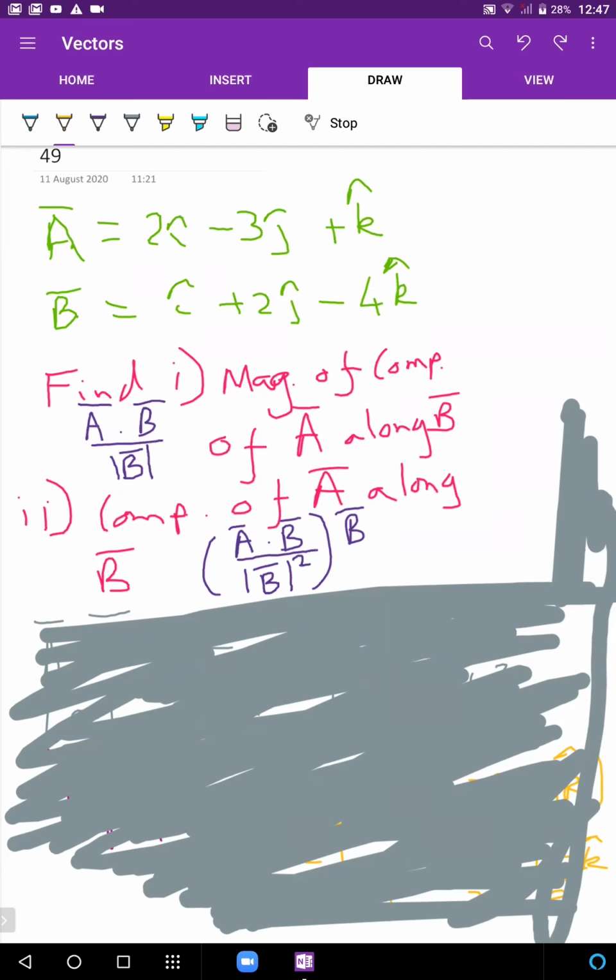Please cross check both the dot product and the magnitude. Everyone else's is correct. All correct. Good, good. You've got it, you've learned.